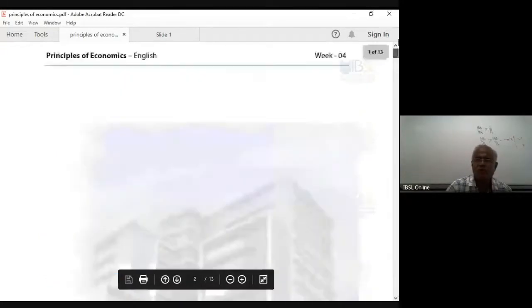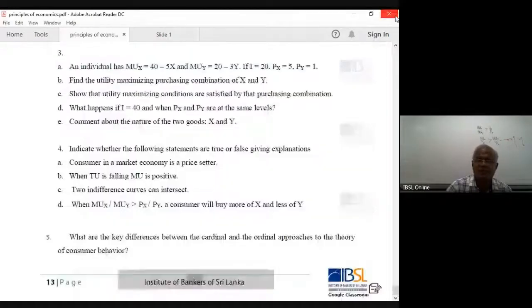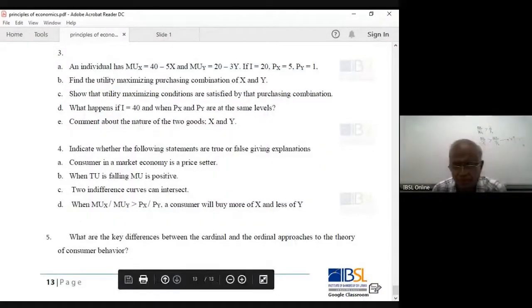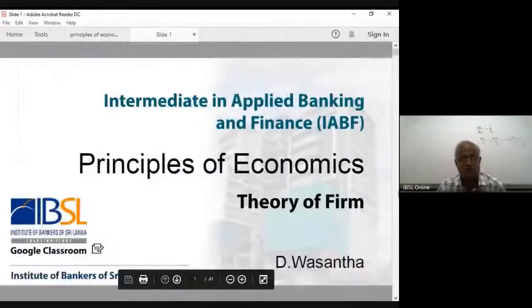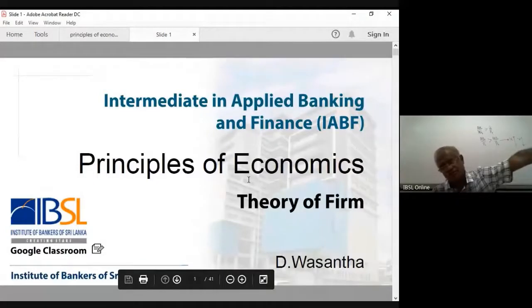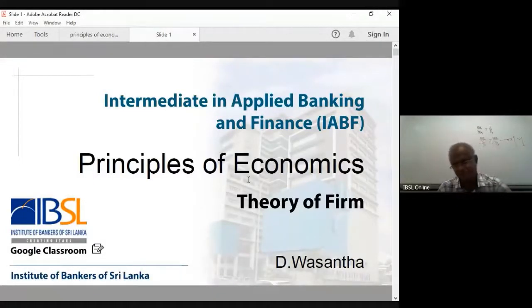Then we'll stop now. Next week, I want to discuss the other one, the PowerPoint presentation on the theory of the firm. I will give the introduction. Up to now, we have discussed the theory of consumer behavior because the consumer represents the demand side of the market. We built a model about the behavior of a consumer, his objectives, market constraint.